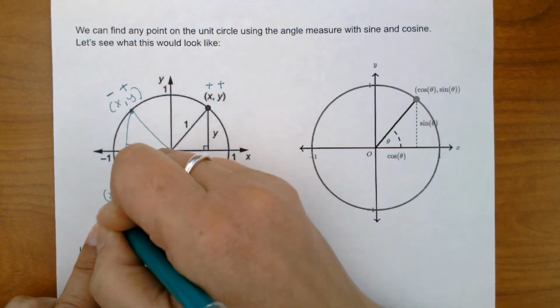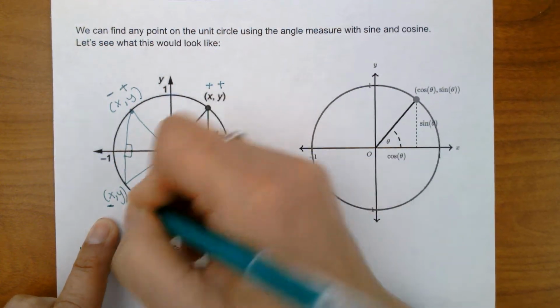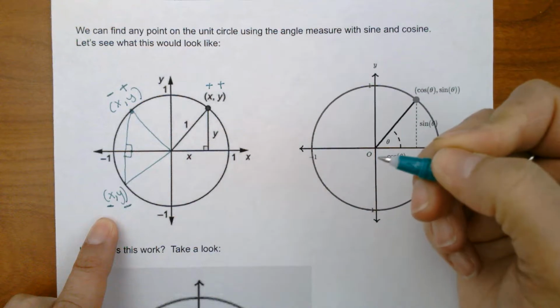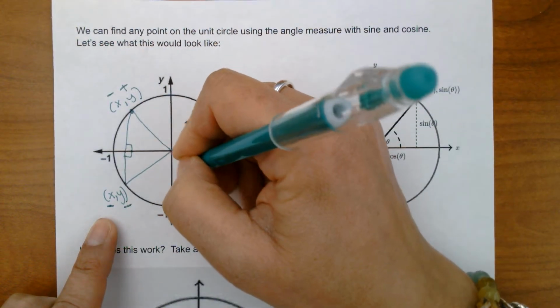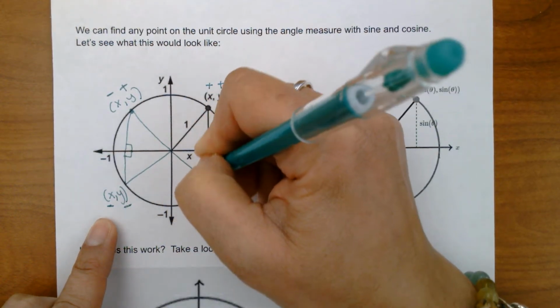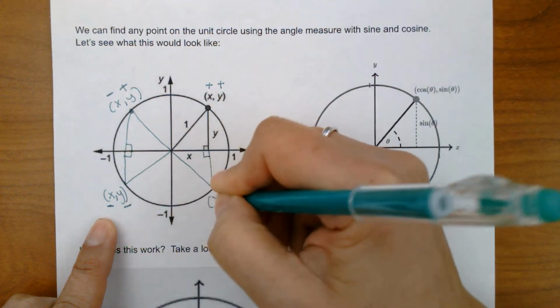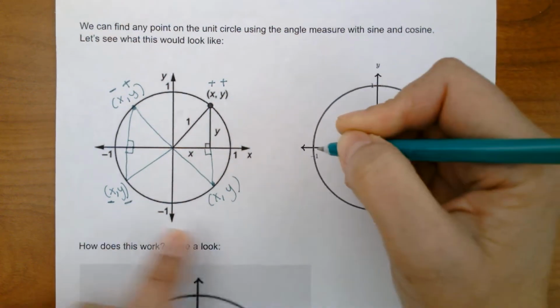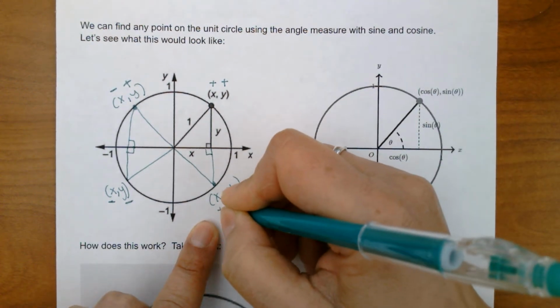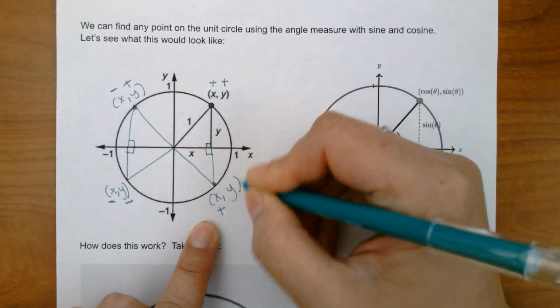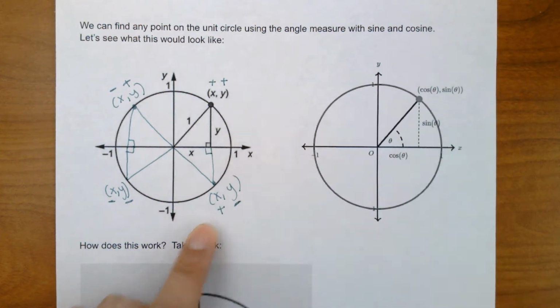Right, our x is negative and we're on the down, so our y is going to be negative. And if we drew our triangle over here and we have x, y, our x is going to be positive. We're now back on the positive side of x, but our y is going to be negative.